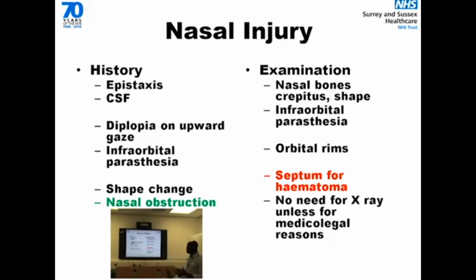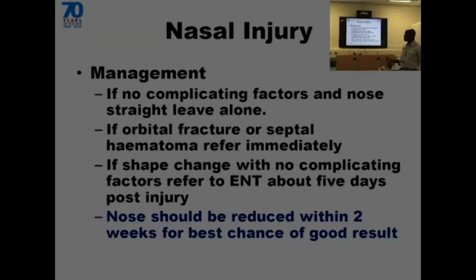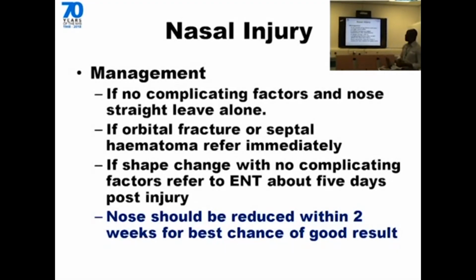There's really no need for an X-ray, except you are looking at medical legal reasons, or the patient has multiple extensive complex fractures, in which case a CT will be more helpful. So like I said, if there is no complicating factor and the nose is straight, just leave it alone. If there's an orbital fracture, you have to refer immediately.